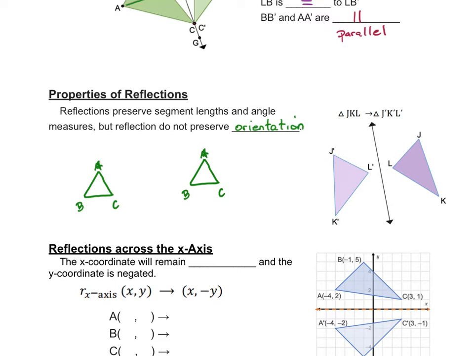So that's what they're talking about when they say that in a reflection, the orientation does not stay the same, because if we created this imaginary line of reflection right here, we would have had A prime, C prime, B prime, because the locations would have been a mirror image versus maintaining that orientation.